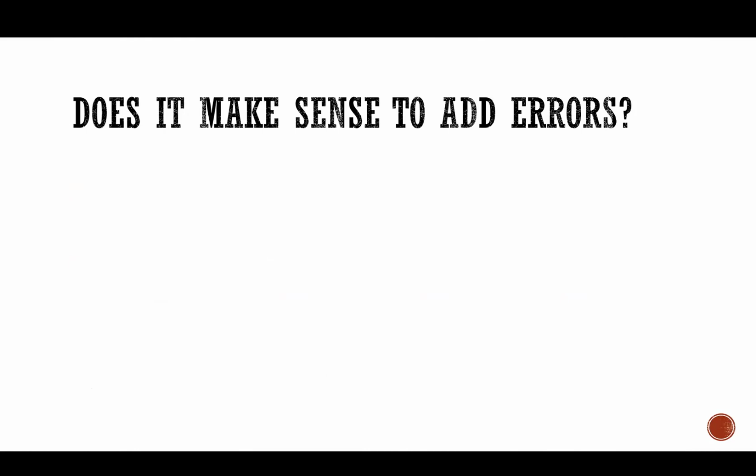And then, does it make sense to add errors? We discussed it a bit last week. But how would you go about thinking, take even the simple agent that we developed so far, the biased agent or random agent, how would you add an error possibility in that agent?